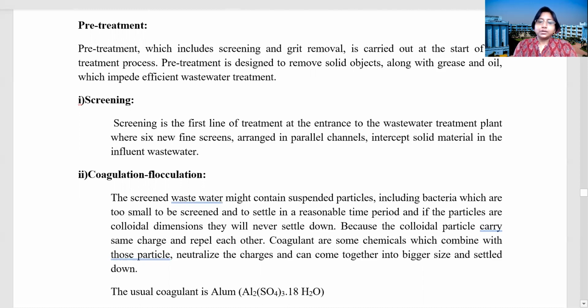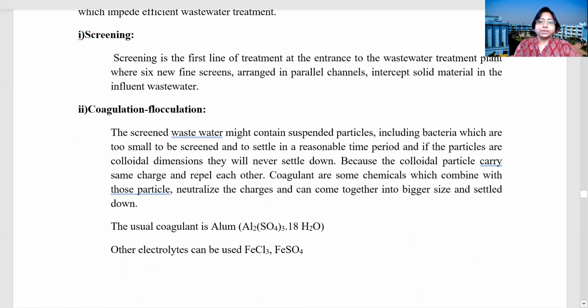Here we have given a very common example of a coagulant, that is alum. We mostly use alum, that is Al2(SO4)3·18H2O. We can also use other electrolytes like ferric chloride and ferrous sulfate, etc. Their efficiency will be higher as the charges will be higher.